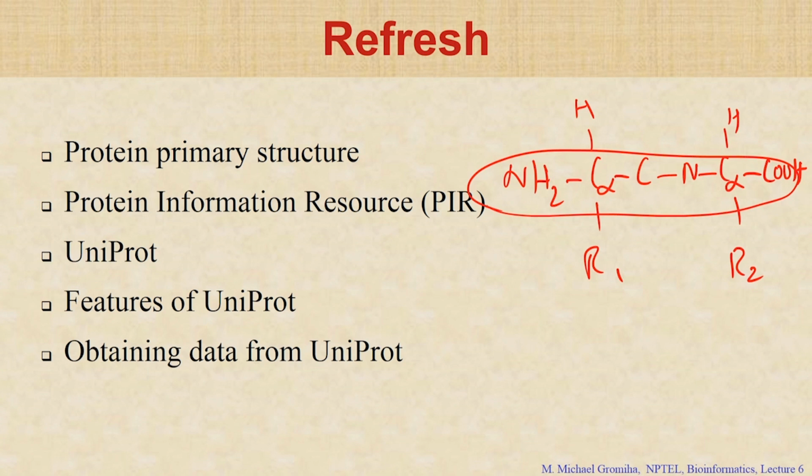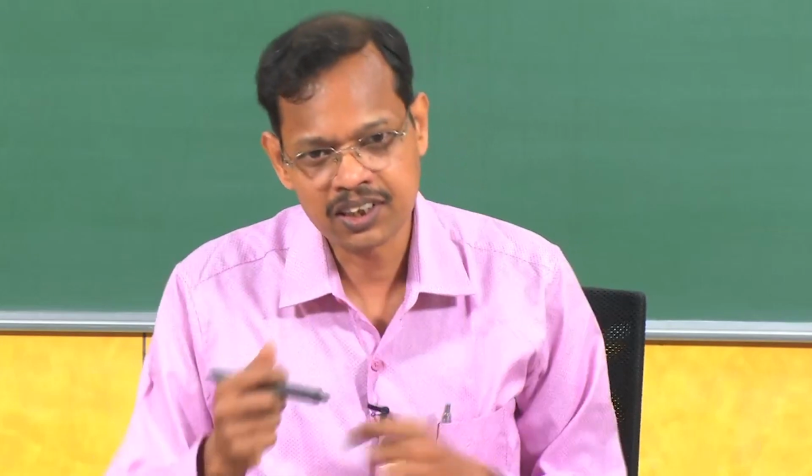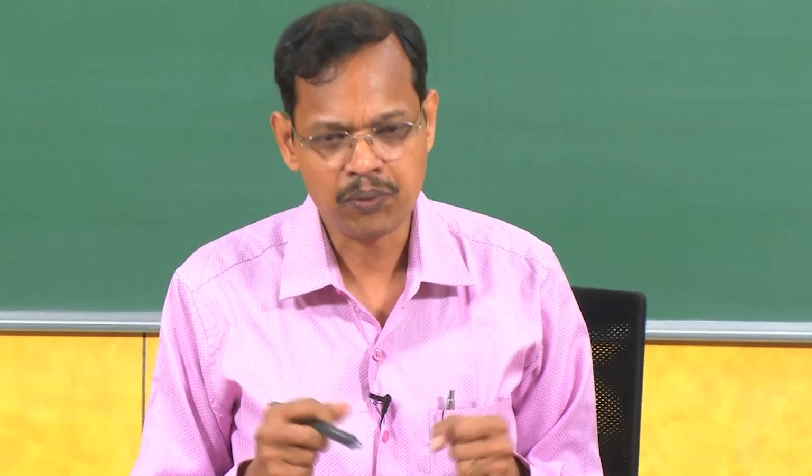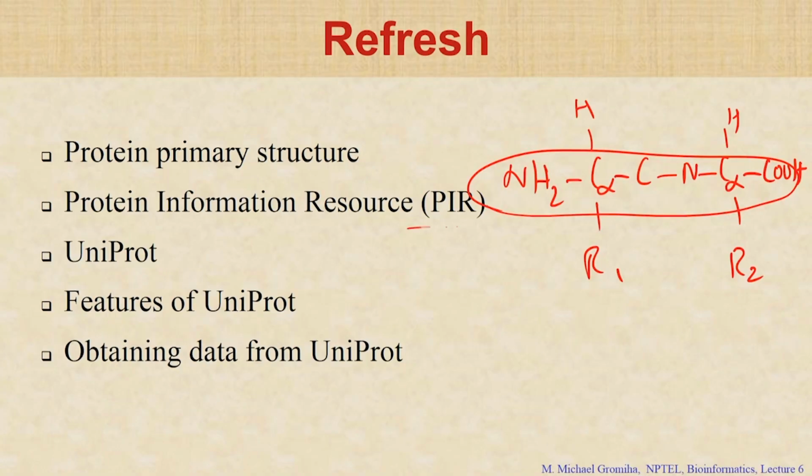Then we discussed that nature selects a particular specific combination of amino acid residues to form a functional protein. Then we discussed where we shall get the information. There are several proteins which contain the sequences. Currently, more than 70 million sequences are known. Initially, we started to collect manually and published a book called Atlas of Protein Sequences. Then they developed this into the Protein Information Resource, called PIR, at Georgetown University.